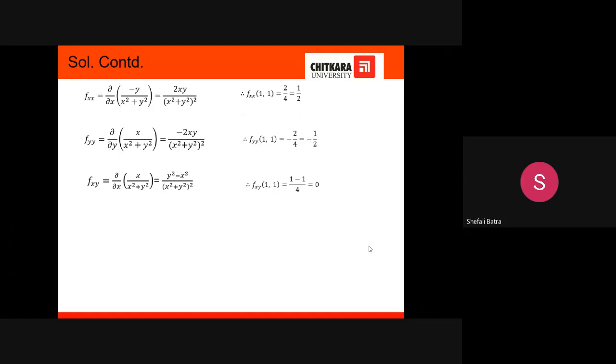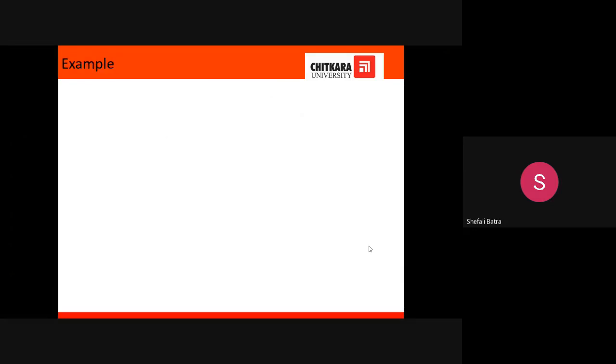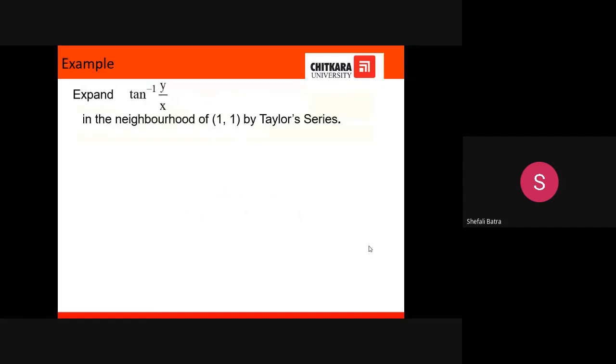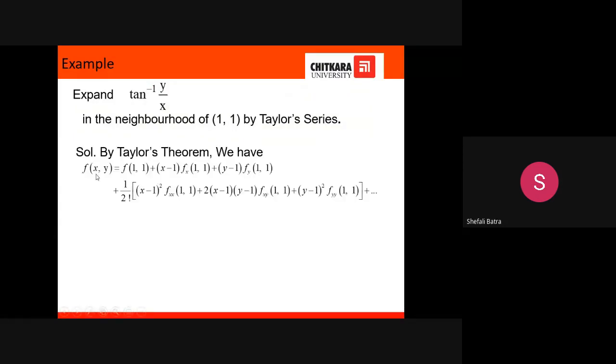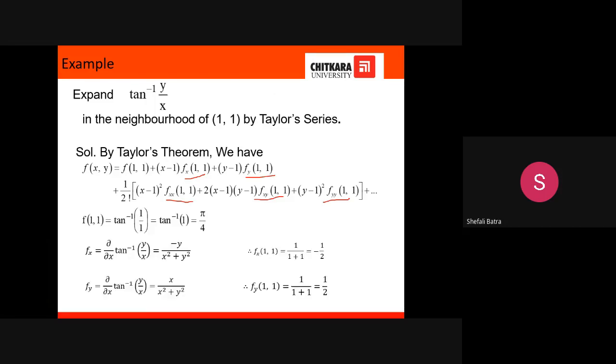Very good, beta. So we have evaluated first order derivative, second order derivative at point 1 comma 1. Now you need to put everything in our formula, that was f of x comma y is equal to f of 1 1. We do have the value of this and all these derivatives. So we are putting this in the formula.